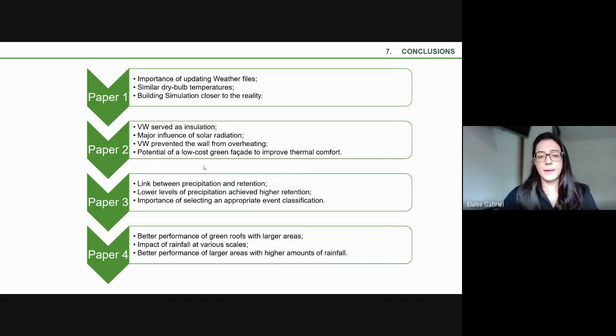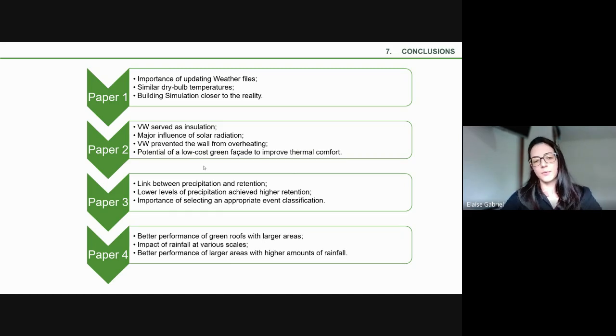For the third paper, we saw a link between the precipitation and the retention data, indicating that climate factors such as temperature, relative humidity, and net radiation can impact retention performance. We also saw that climate conditions impacted the heat flux balance through a vegetative wall, highlighting the importance of constant update and monitoring of weather data.